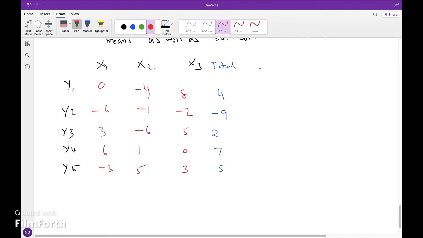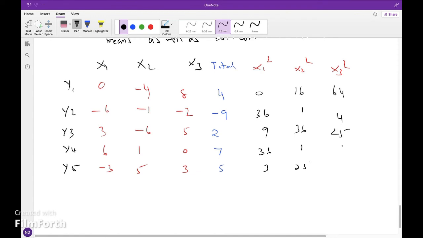Next, find x1 squared, x2 squared, x3 squared. x1 squared: 0, 36, 9, 36, 9. x2 squared: 16, 1, 36, 1, 25. x3 squared: 64, 4, 25, 0, 9. So the totals are 90, 79, 102.